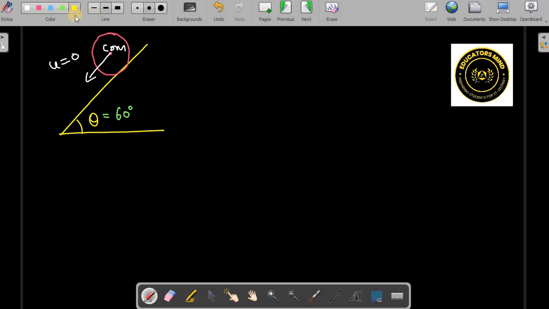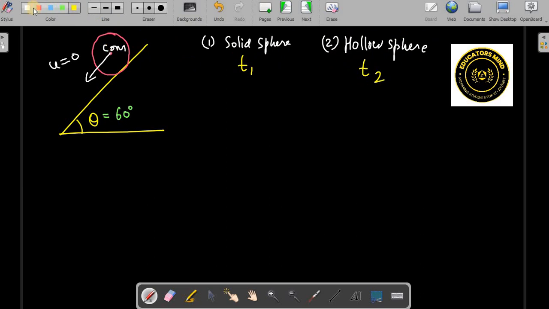Now suppose I take two different objects: in the first case I take a solid sphere, and in the second case I take a hollow sphere. Let's say the time taken by the solid sphere to reach the bottom is t1, and the time taken by the hollow sphere to reach the bottom is t2.